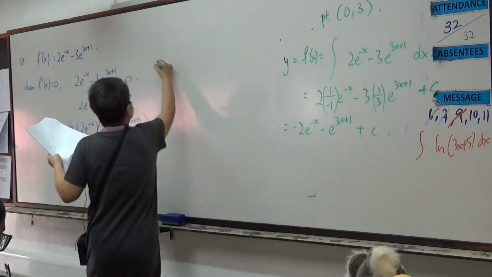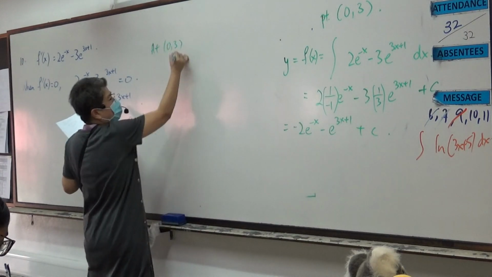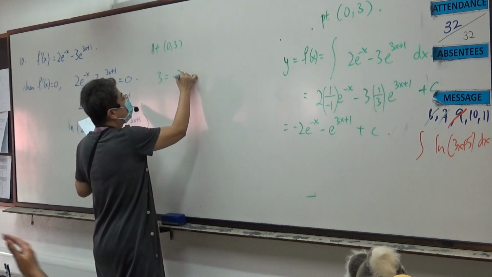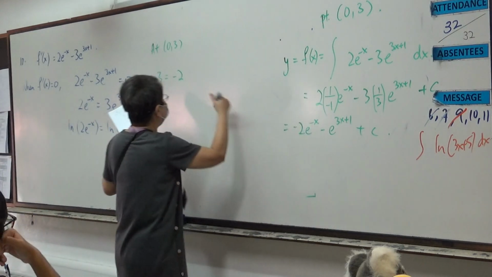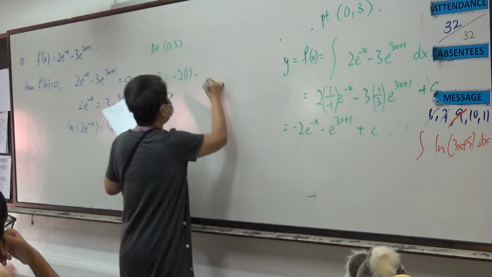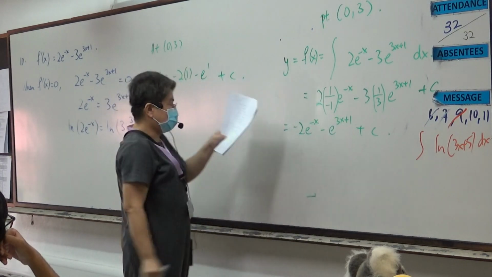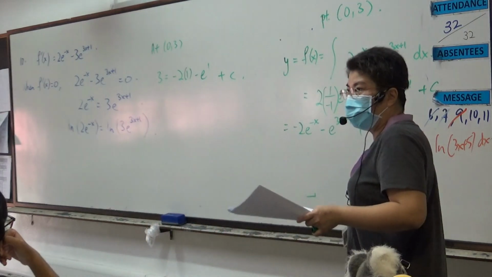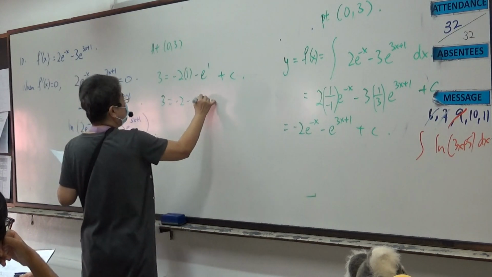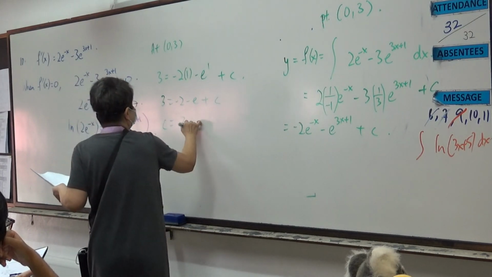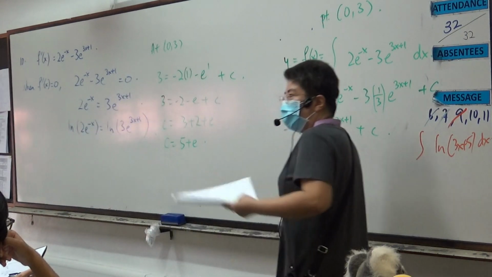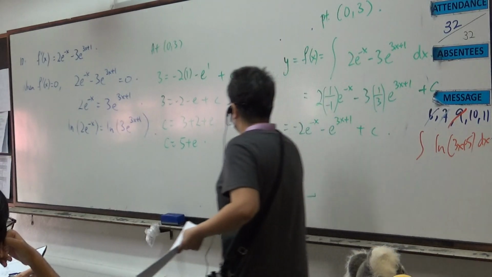Okay, at (0, 3), I will have 3 equals negative 2, e to the 0, so this is a 1, minus e to the 0 which is 0, so it's e to the power of 1, plus c, right? Correct. My aim is to find out c, so this is 3 equals minus 2 minus e plus c. C will be 3 plus 2 plus e. So c is actually equal to 5 plus e. Am I right? So what is the equation?